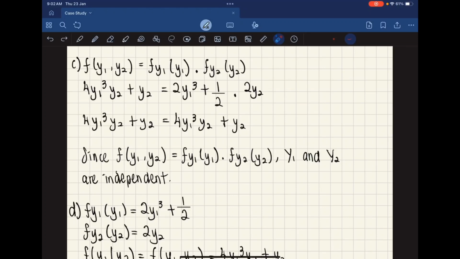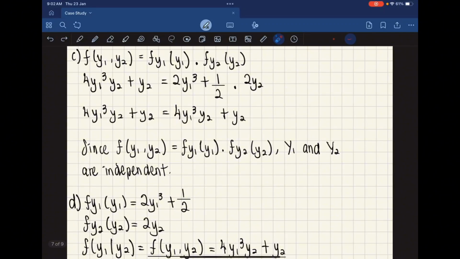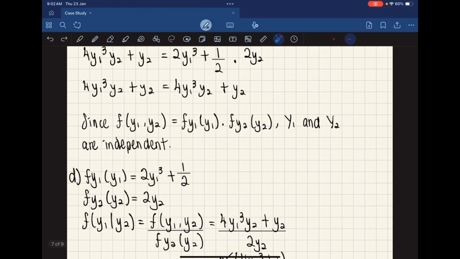So the function is 4y1 cube y2 plus y2 equal to 2y1 cube plus 1 over 2 times 2y2, and in the last answer, we can get the same answer for both of them. So since function of y1 y2 equals fy1 y1 times fy2 y2, y1 and y2 are independent.